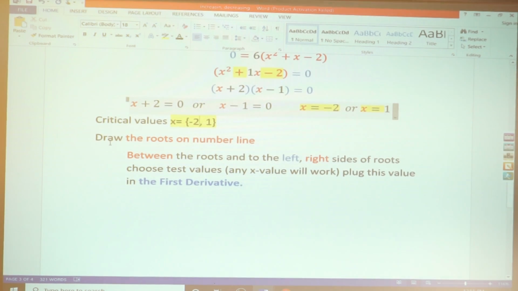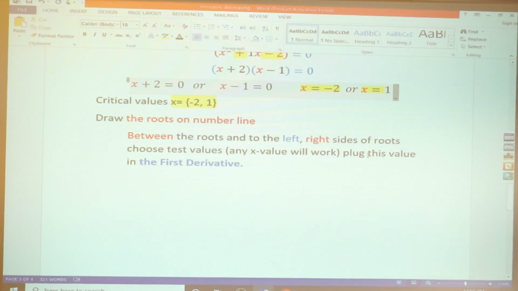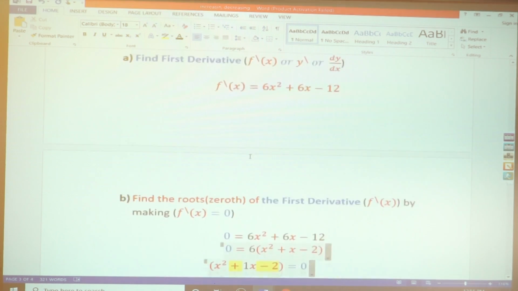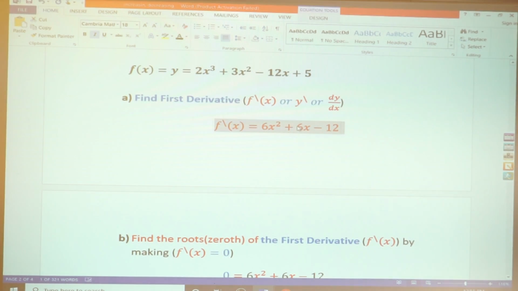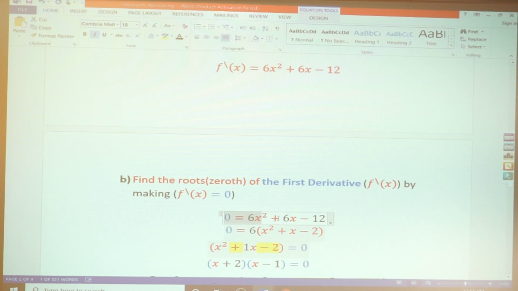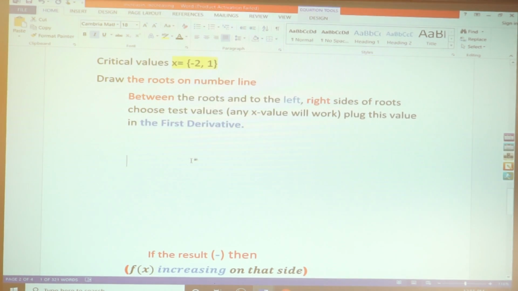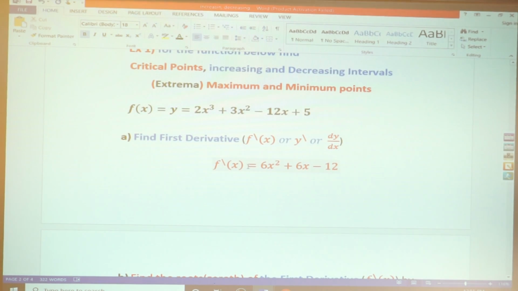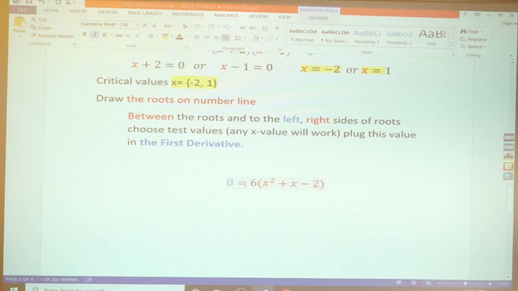Now we have to draw the roots on the number line. I need a number line. Remember my derivative, I'm going to take it from here, but I need it in this format, which is better for me to plug into. I'm going to take it and put it here and name it f prime of x.